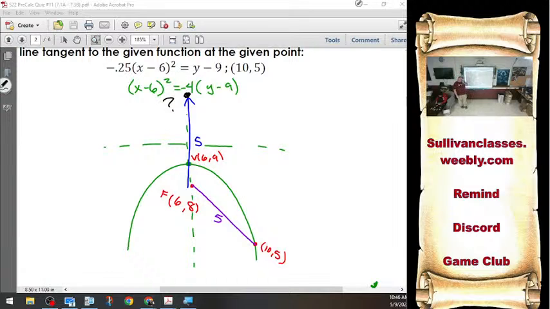That magic point is going to get me my line of tangency. And then line between 2 points. So I go north of my focus, not my vertex, 5 units.